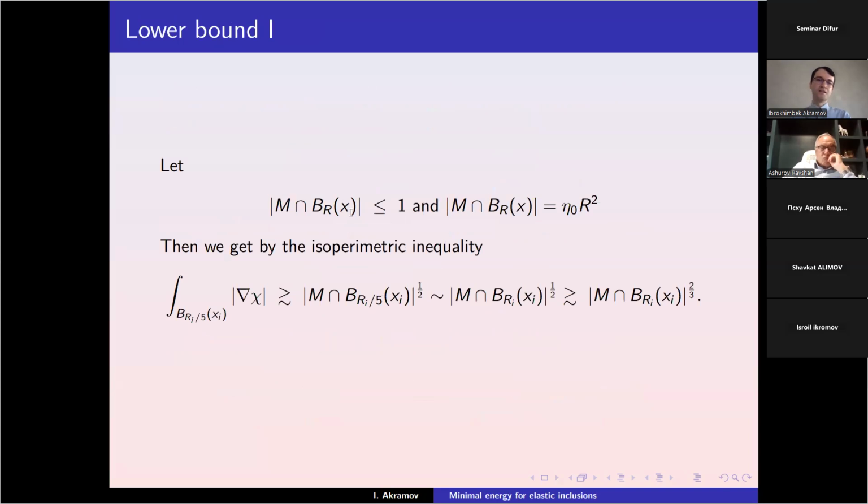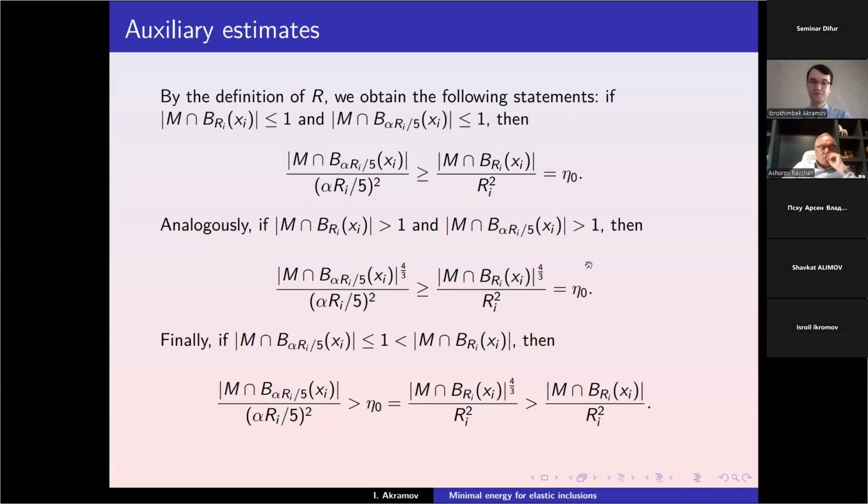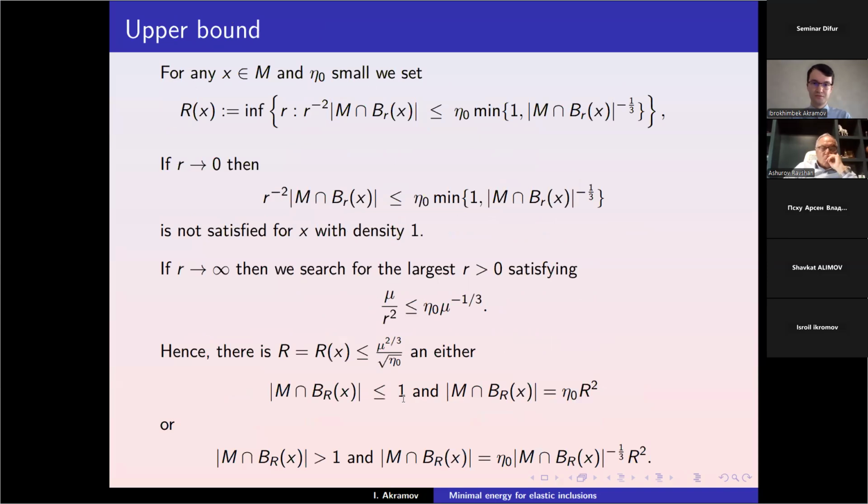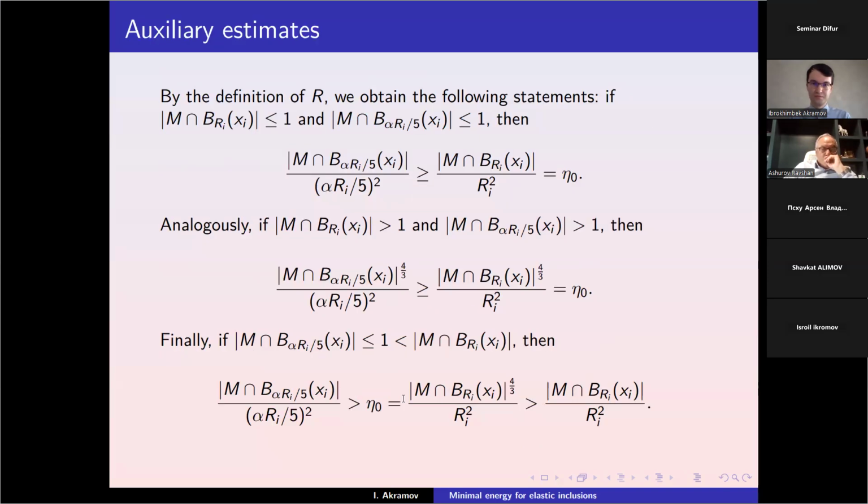Okay, then let's say M intersection with B. If M intersection with B alpha RE over 5 is less than 1, and another M is greater than 1, then M in the denominator is greater than eta 0. Why?